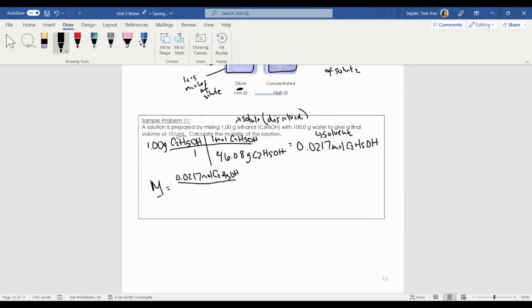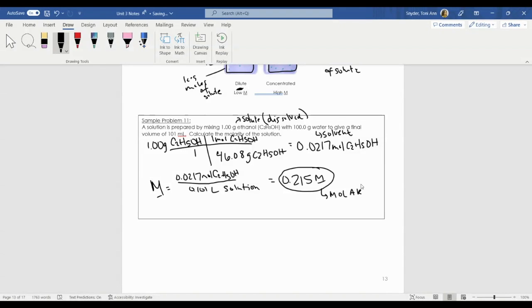However, we need to make sure that we convert this to units of liters. So I'm going to put liters of solution down below just by moving that decimal place over 3 times. And when you divide, you should get a final answer of 0.215, and we say this unit as molar. So I would say this produces a 0.215 molar solution.